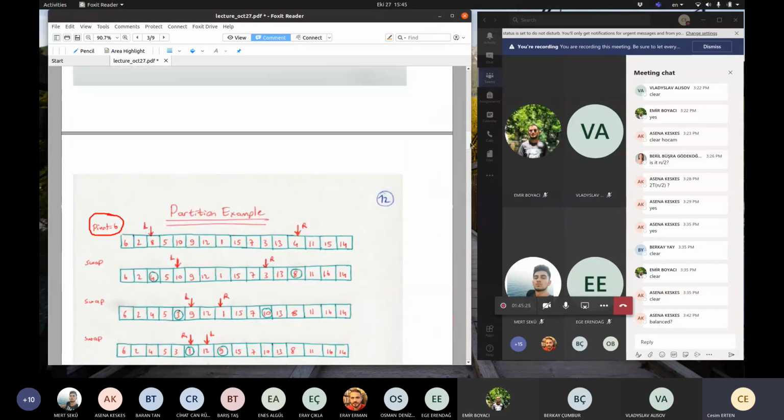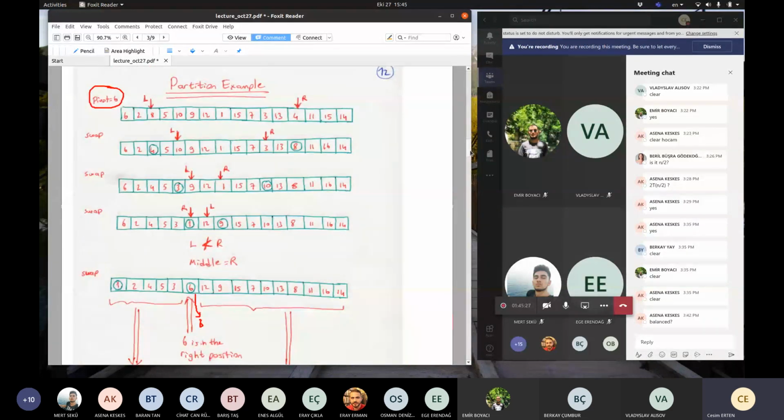If the pivot element is the smallest element of all. So for instance, if the pivot was chosen to be 1 rather than 6, and 1 was the leftmost element, then the pivot would be 1. Now after the partition, the pivot would be here.